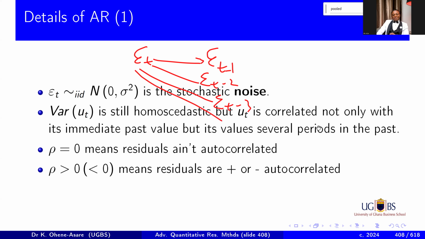You can look at it like the strike action I spoke about. The strike action in the first quarter affected productivity in the first quarter. That same strike action in the first quarter affected productivity in the second quarter, the third quarter, and the fourth quarter.